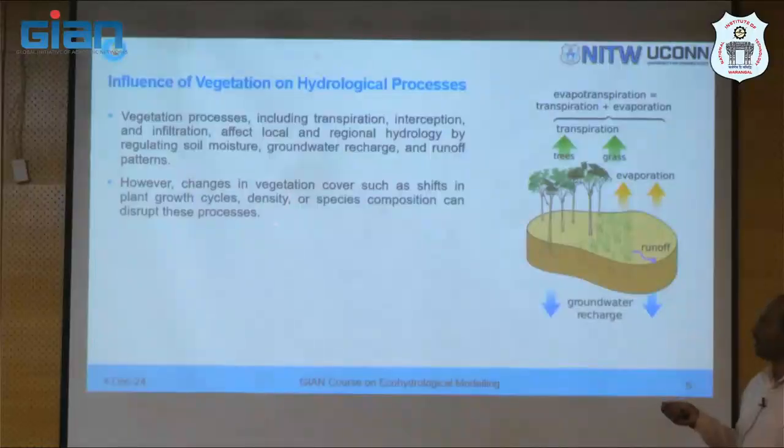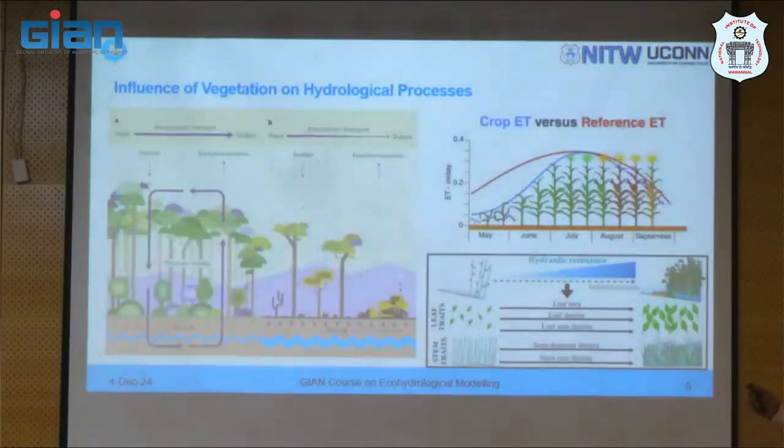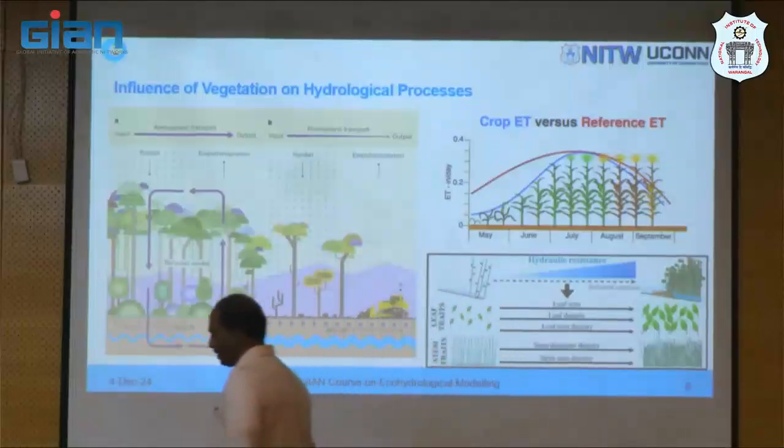Okay. In addition to that, density and species, you are changing the cropping type, and composition can disrupt these processes. So any vegetation, when I say a canopy which can hold water, compared to a less dense canopy, which will not hold much water and will allow water to directly interact with the soil. Okay. Now, here we have a slide for whatever I was telling now.